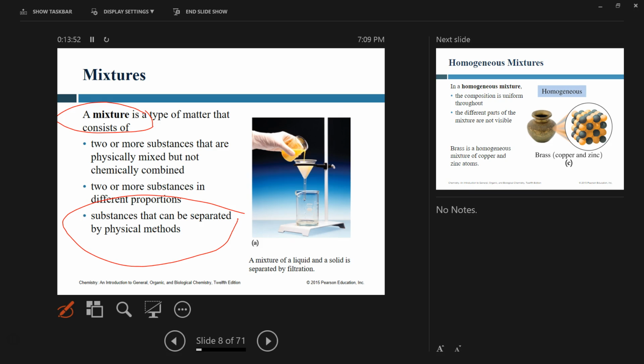For instance, if you buy vodka, which should contain only alcohol, ethanol, and water, you can almost get pure alcohol out of the water. That makes sense? So you can physically separate. Vodka is a mixture.